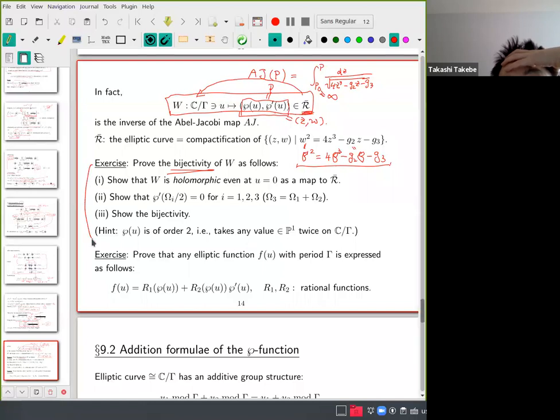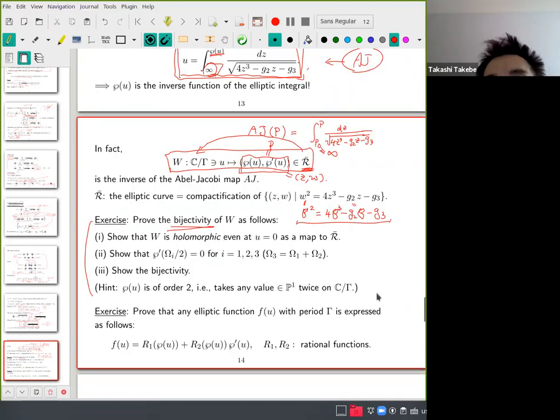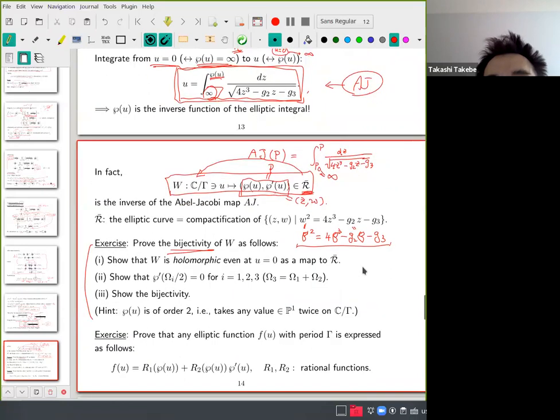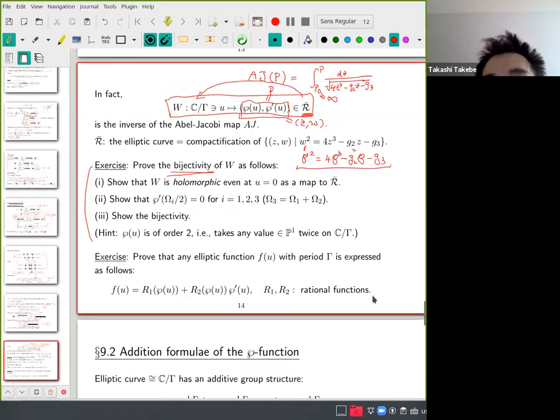Well, yeah, this is actually an exercise. I didn't expect that we can reach this point, so I have not yet put the homework assignment on the website. But yeah, please try this later.